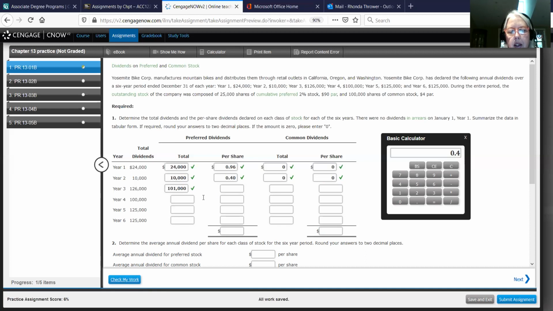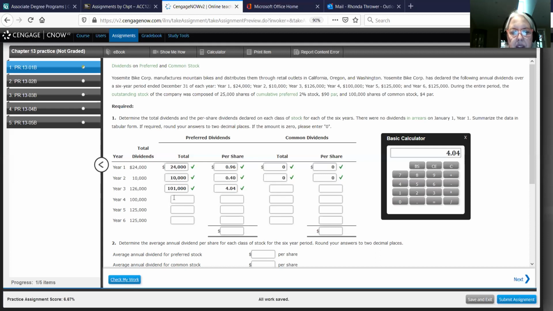To calculate the dividends per share, we will take the $101,000 dividends that we paid to our preferred stockholders, and we will divide this by the preferred stock that was outstanding, which was 25,000 that was given in this problem. So the amount per share that we have paid to our preferred stockholders is $4.04.